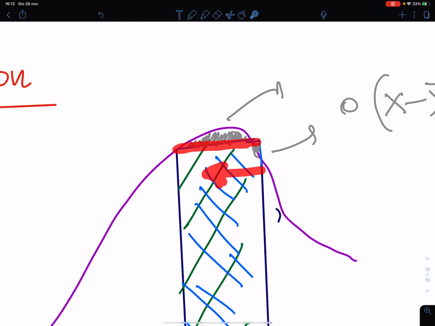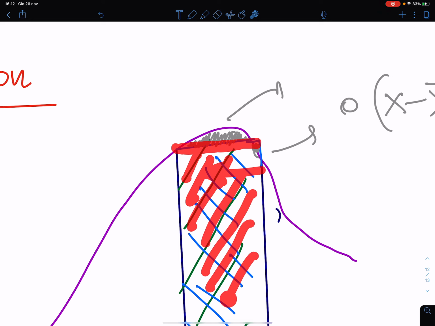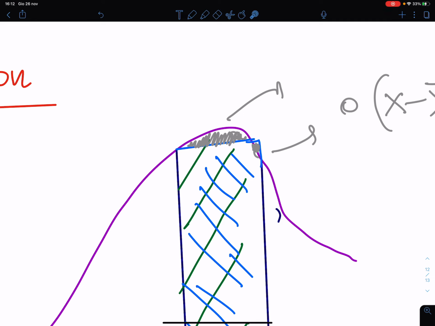Okay? So this goes to 0 and brings to 0 this area of this rectangle, F of X bar times X minus X bar. It brings to 0 also the gray area. But this is not the only reason why the gray area goes to 0. The other reason is that also the height of this sort of curved triangle goes to 0.